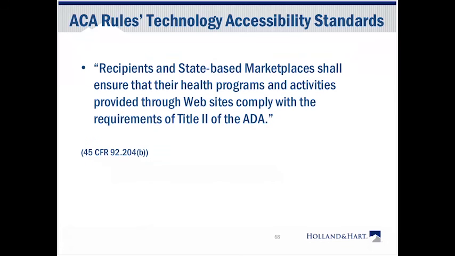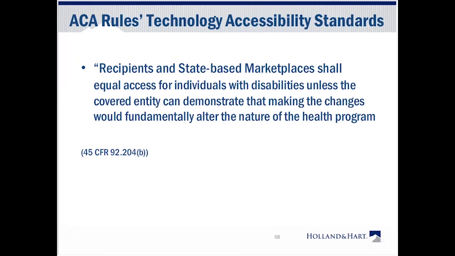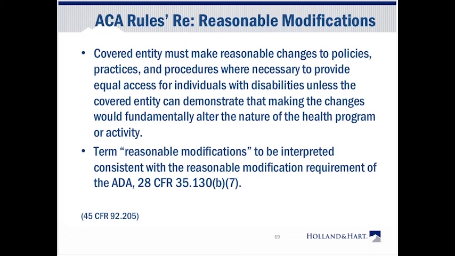And this applies through to your websites as well, and making sure that they're compliant with the requirements of Title II of the ADA. So the last section of the disability rules that I want to talk about is reasonable modifications.